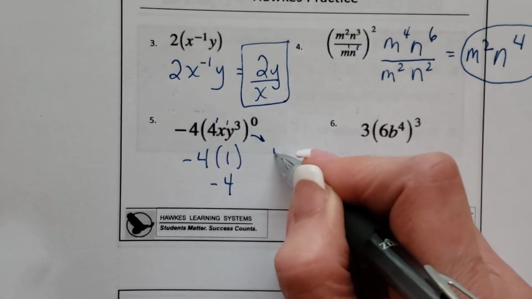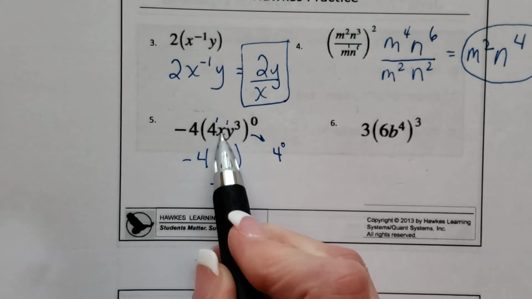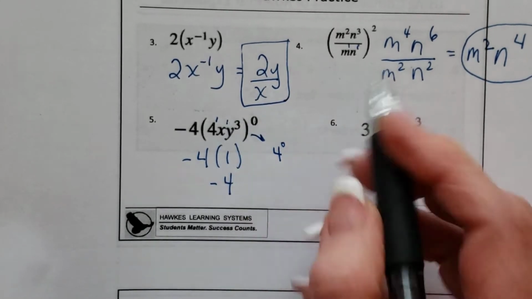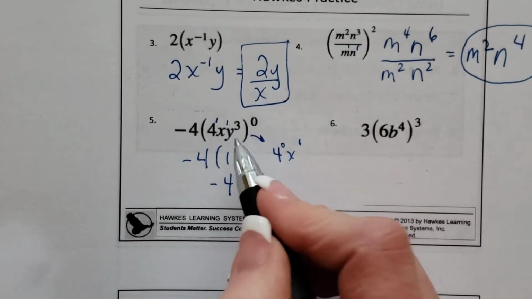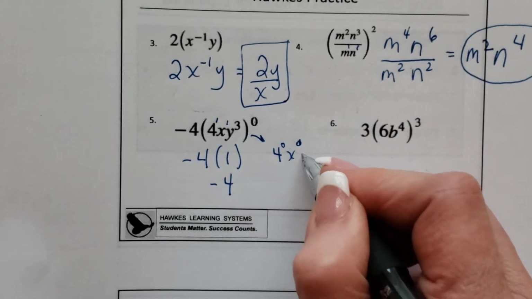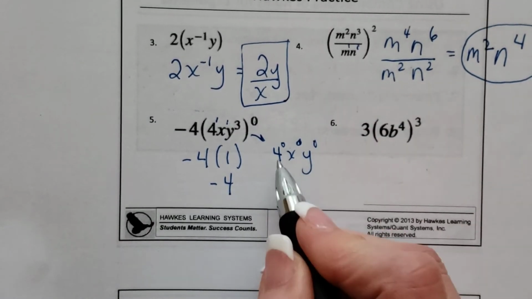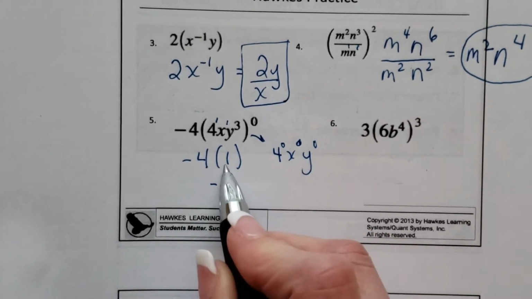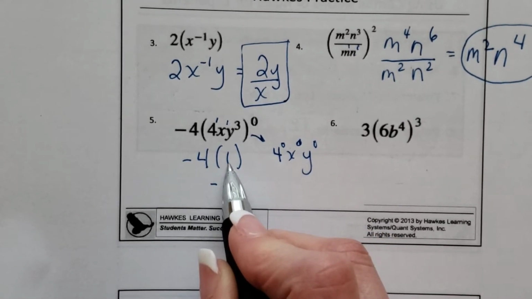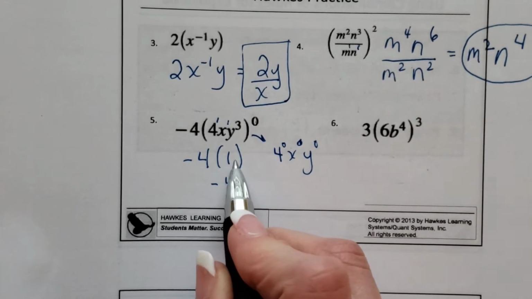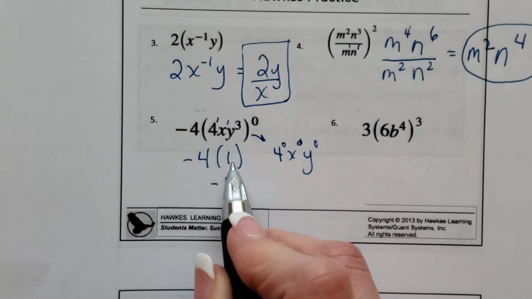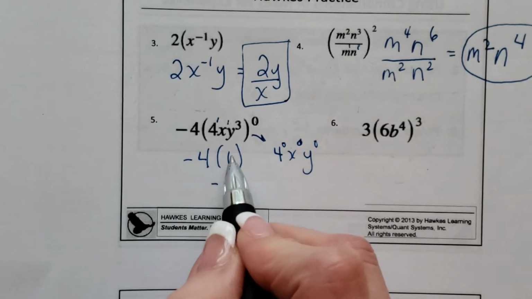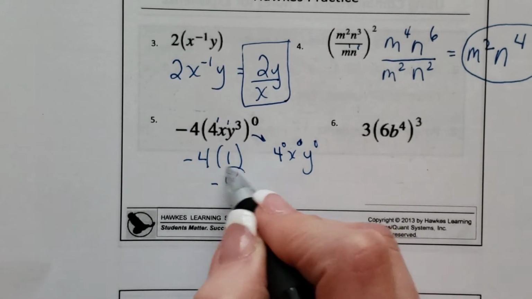So that would give me 4 to the 0, x to the 0, because 1 times 0 is 0, and 3 times 0 is 0. So basically this would be 1 times 1 times 1, which is equal to 1. That's where I got that 1. And then after I deal with exponents, according to Please Excuse My Dear Aunt Sally, I would multiply after exponents, and negative 4 times 1 is negative 4.